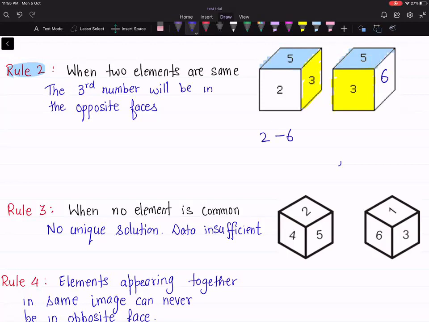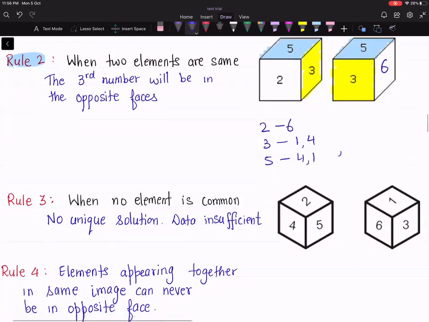What about the other faces? The faces opposite to 3 and 5 are not fixed. You cannot determine; it can be either 1 or 4. So two possibilities emerge. Data is insufficient to determine the face opposite to 4.